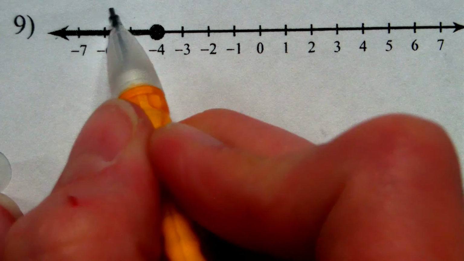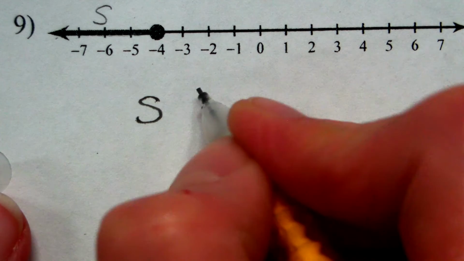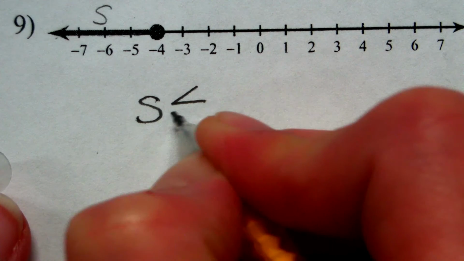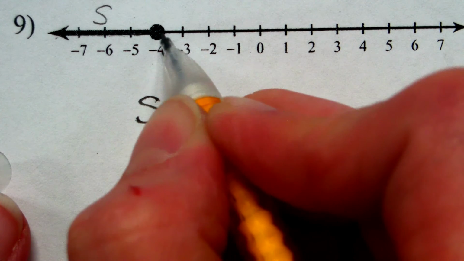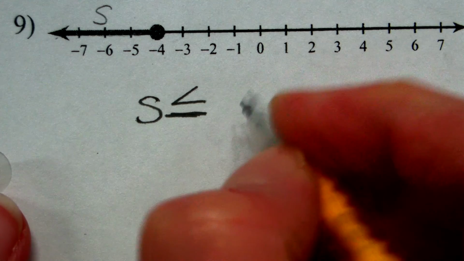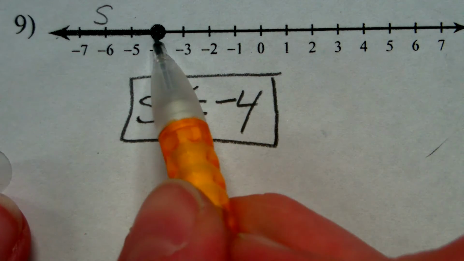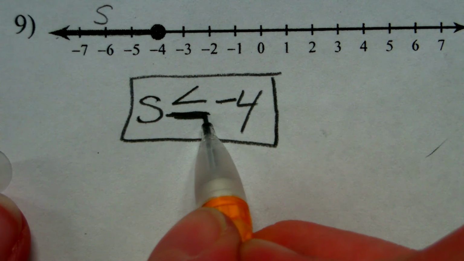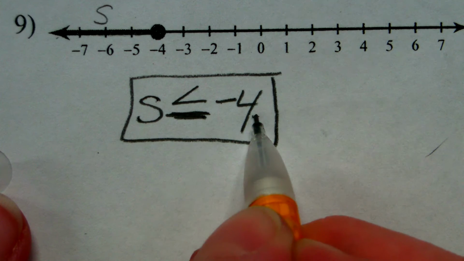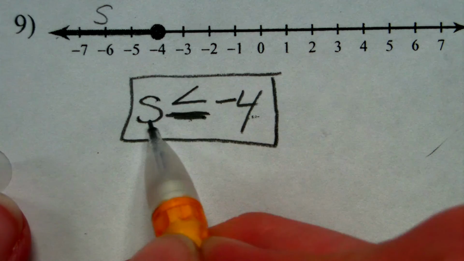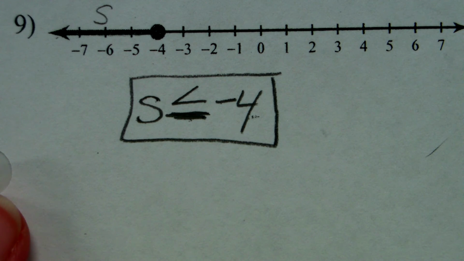So S represents all of these numbers, and it's less than or equal to, because the point's filled in, it's included, so we have an equal to -4. So when the point is filled in, you put this little bar underneath, and it's half of an equal sign, and it means that -4 being equal to S is part of the solution.